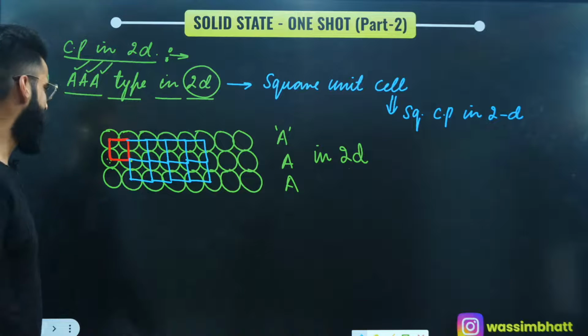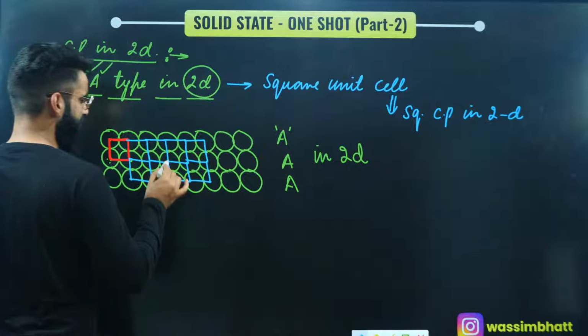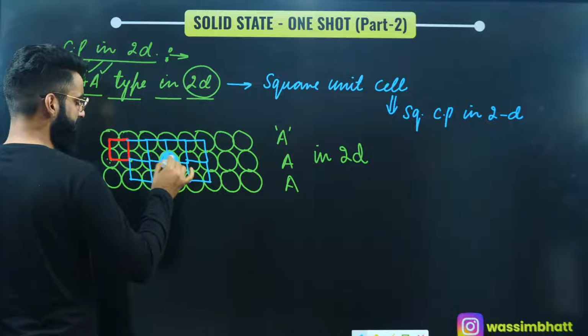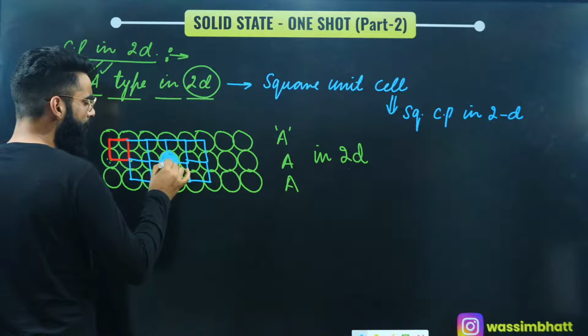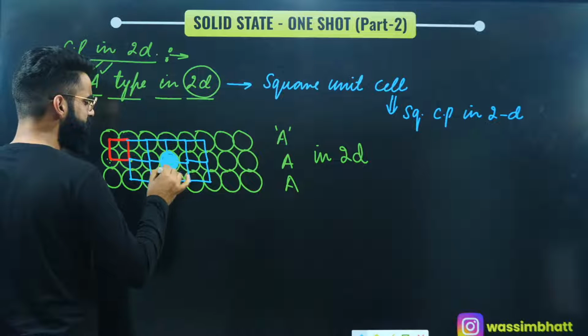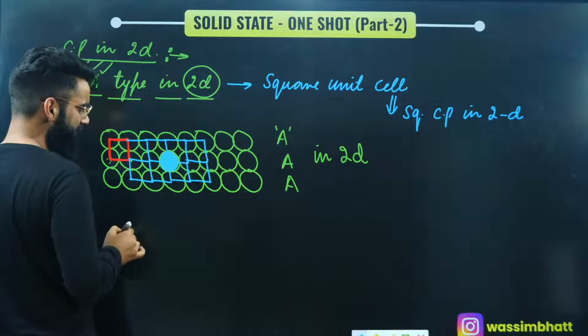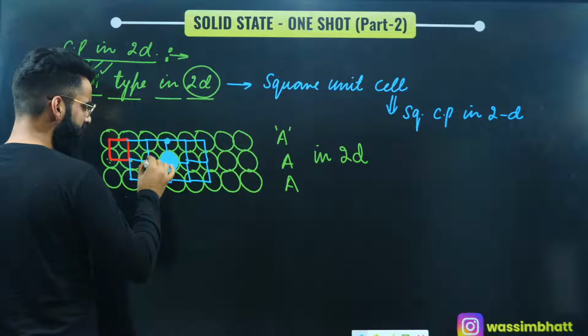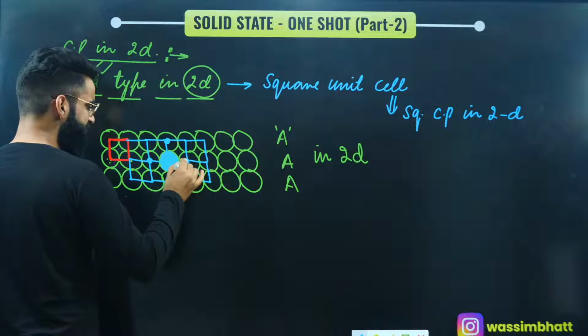Okay. Now people, let me select any of the particles over here. For example, I'm selecting this particle. If I ask you how many other particles are touching this constituent particle simultaneously, you'll clearly see this particle, this particle, this particle, and this particle.